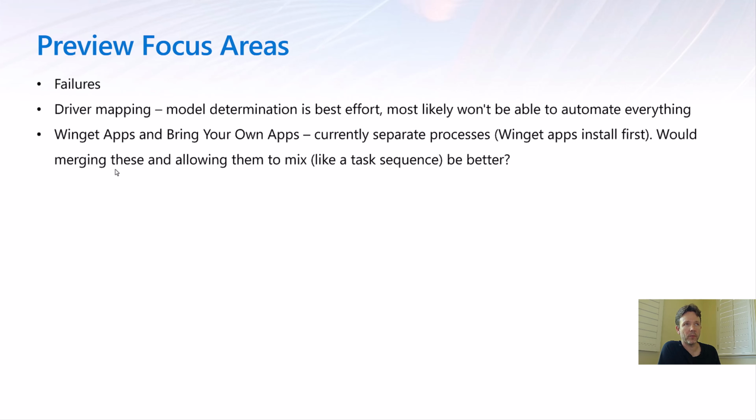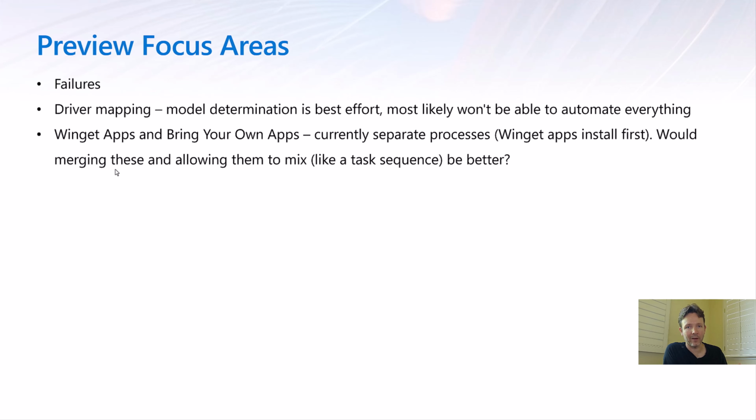If the Winget and bring your own apps functionality works fine and there are no issues, then great. But I do know there are situations where we have dependency chains where certain apps need to run before others.